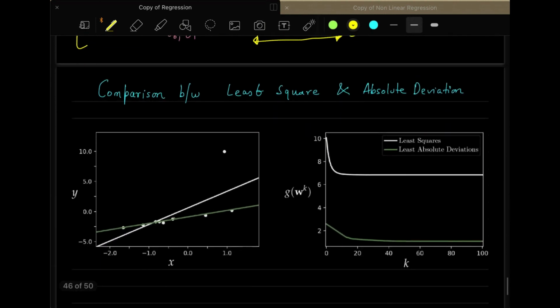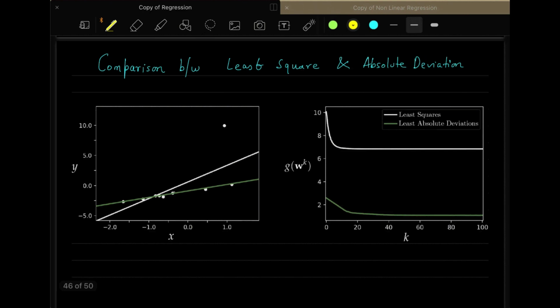If you try to do a comparison between a least square fit and absolute deviation, you can run this exercise yourself also. You can create an outlier yourself by putting some extraneous element into the data set. Once you put that element here, what you observe is that your line, the white line, is the deviated line which happened because of the L2 loss and this outlier.